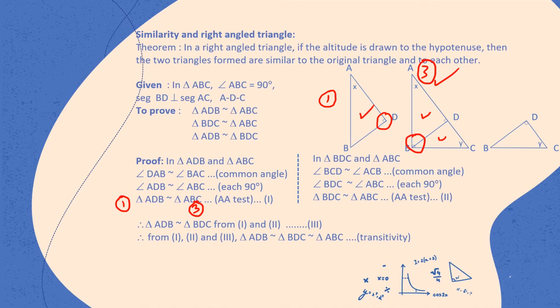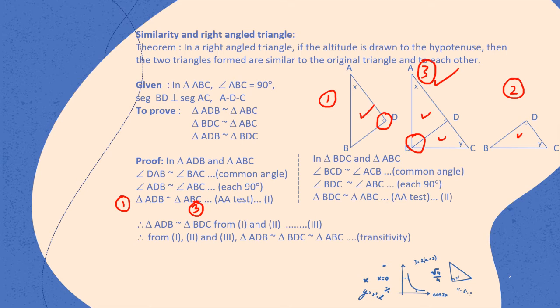Again, the altitude which split the triangle made another triangle called BDC. So triangle BDC, which is actually triangle number 2, and ABC, the parent triangle, have a common angle, Y in this case.